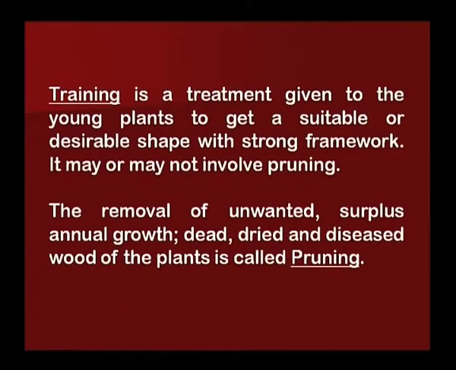Training is a treatment given to the young plants to get a suitable or desirable shape with strong framework. It may or may not involve pruning. The removal of unwanted surplus annual growth, dead, dried and diseased wood of the plants is called pruning.